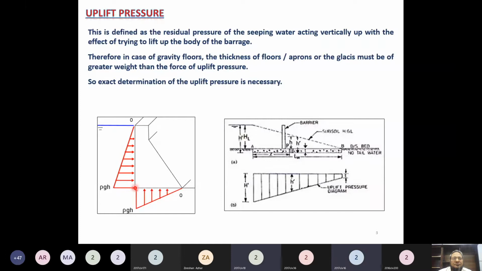Atmospheric pressure. This is the pressure diagram, and the pressure is 0 at the water surface. And here, how much would be the pressure? Gamma times H, where H is the head or depth of water, or rho g H, that is the same thing. Rho g means gamma.